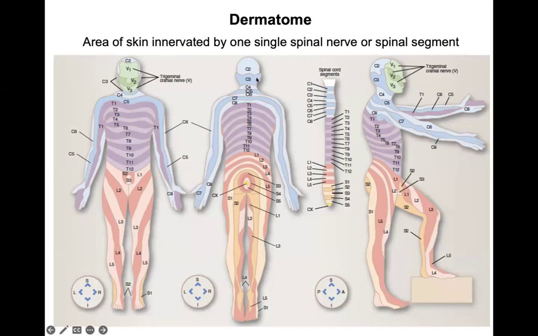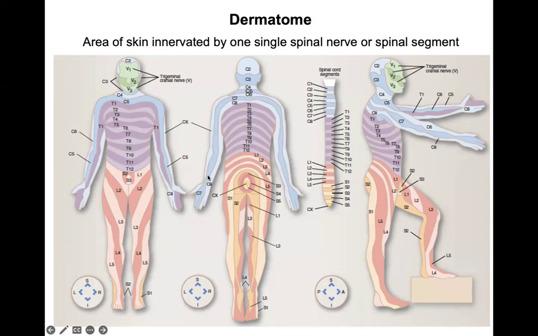For example, C1 right here has sensory nerves that come from areas of the body. C2 is usually here on the head, C3 here on the back of the head, C4 the neck, right? So let's say C7 is a little bit larger, right?